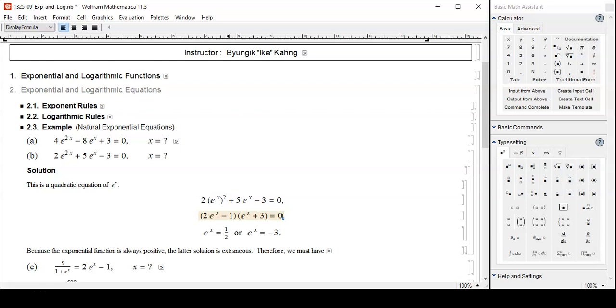Setting the first factor equal to 0, we get e to the x is 1/2. This one, which I'm highlighting in blue. And setting the second factor equal to 0, I get e to the x is equal to -3, which I'm highlighting in red. Now please note that the red one is impossible. Why? e to the x is always positive.